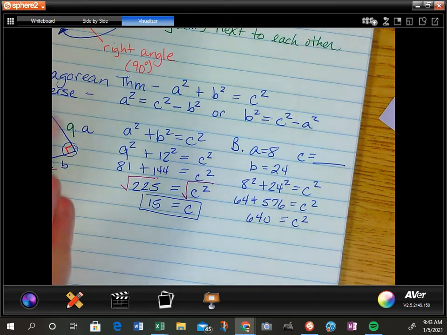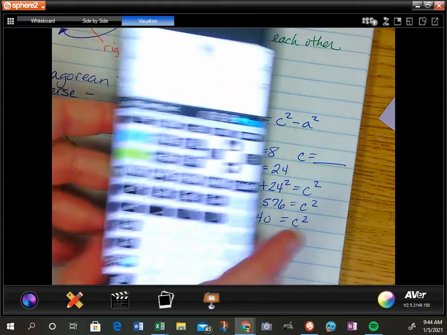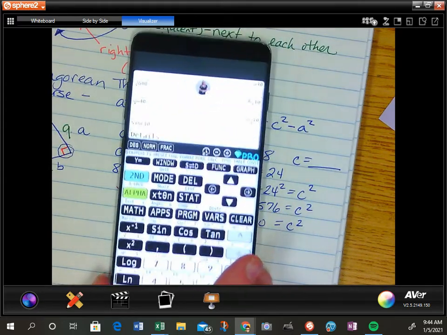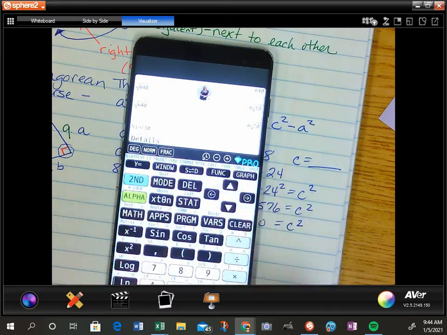Now, if you have Calc 84, let's see, Calc 84 looks like this. Notice I've got the word fraction on here. If it says decimal, you can't do that.